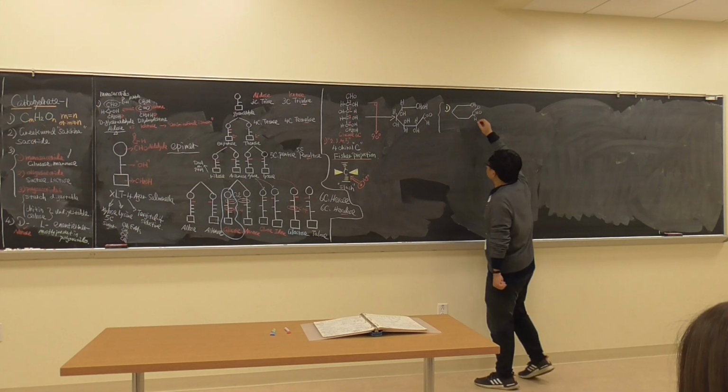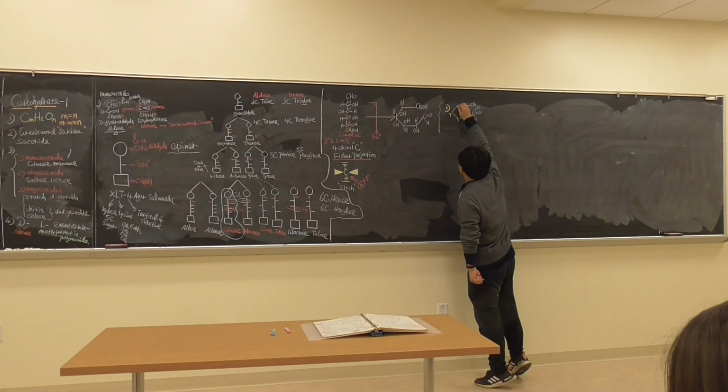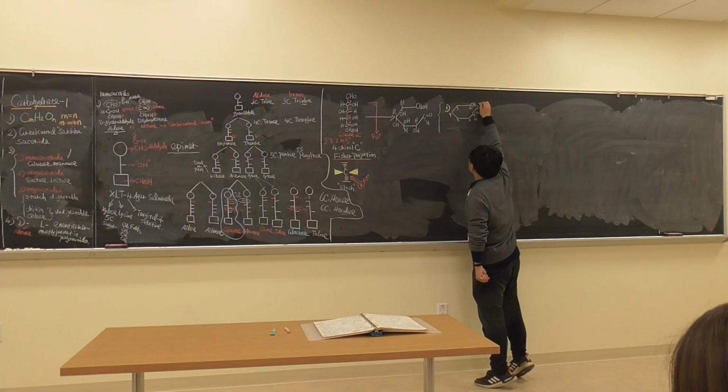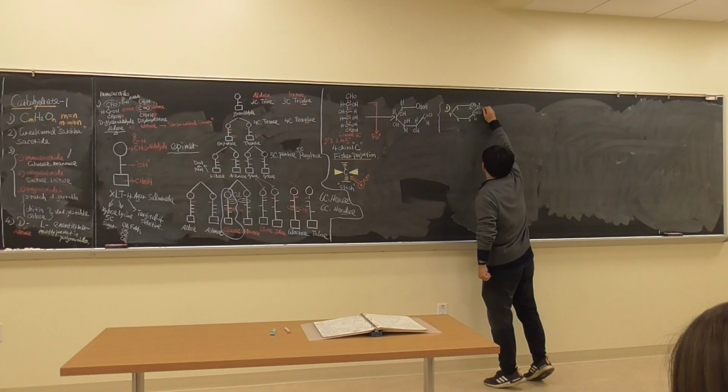If you count 1, 2, 3, 4, 5, 6, and 7, this is called a 7-carbon ring.